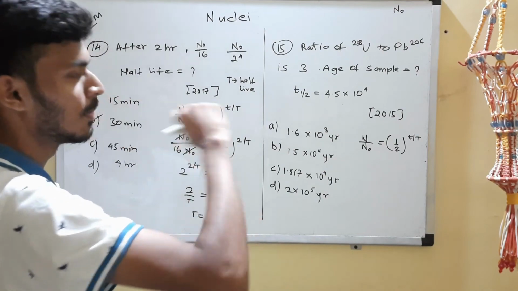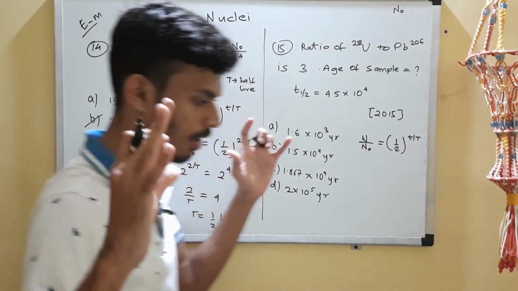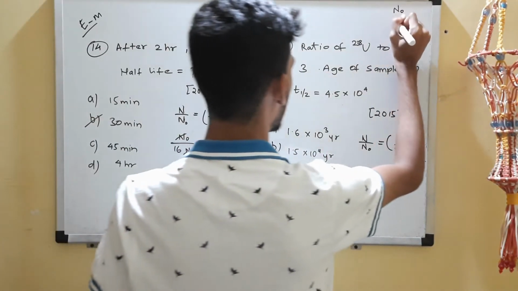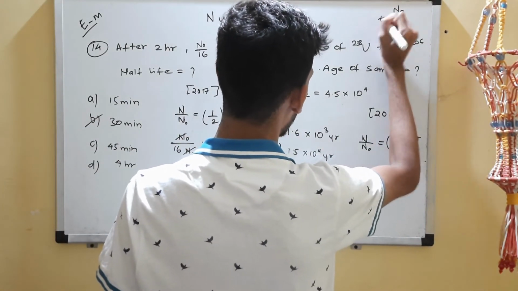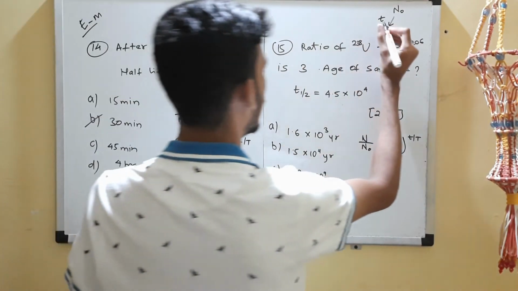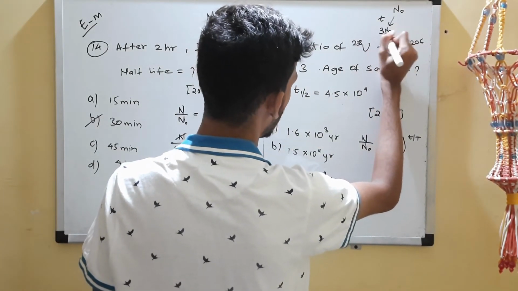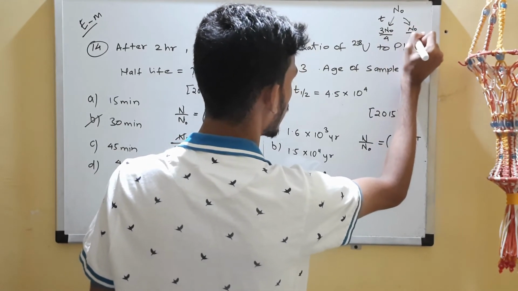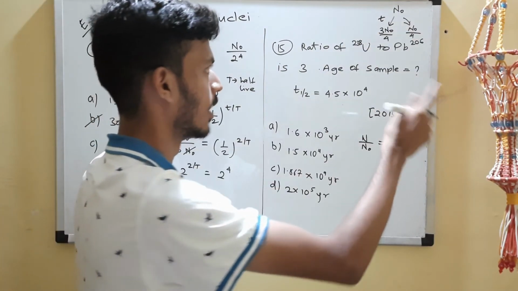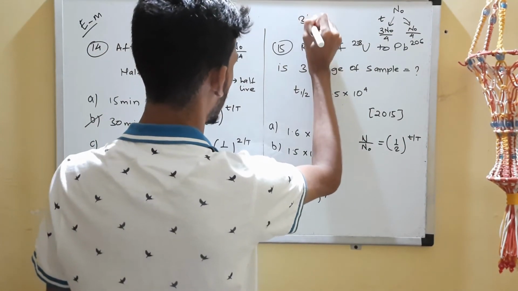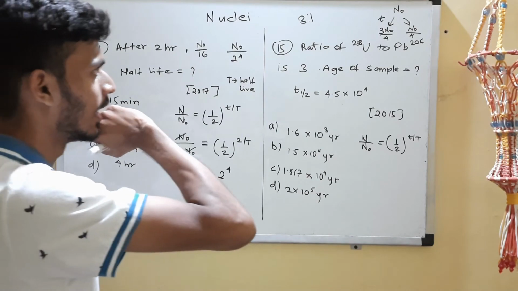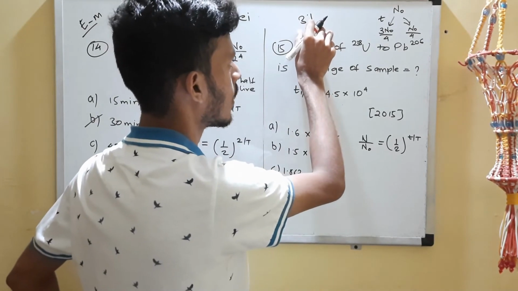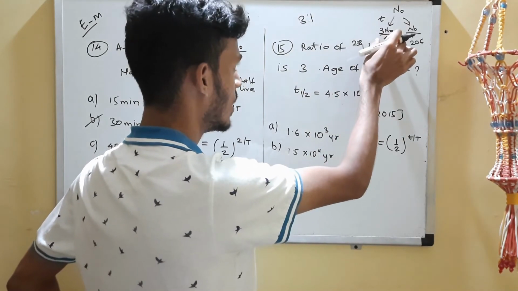Let's assume that the initial concentration begins only with uranium, and then it decays to lead. So the initial is n0, and after time t, which is the age of the sample, the ratio becomes 3 is to 1. We want the ratio 3 is to 1, so we'll keep the amount of uranium as 3n0 by 4.